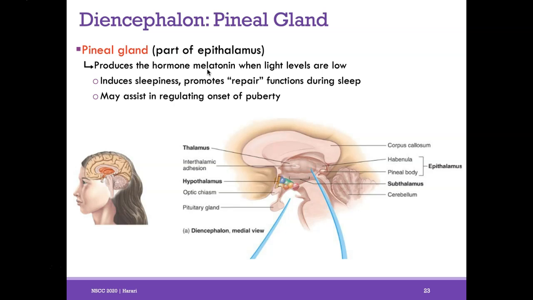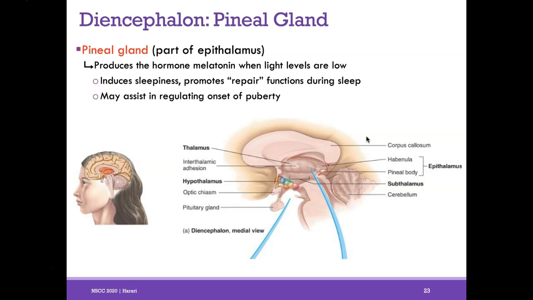So the epithalamus, very small, has the pineal gland, which produces melatonin when our light levels are low, which helps us sleep. It can communicate with the hypothalamus and the reticular formation and put us asleep. And the pineal gland might have some role in regulating the onset of puberty as well.